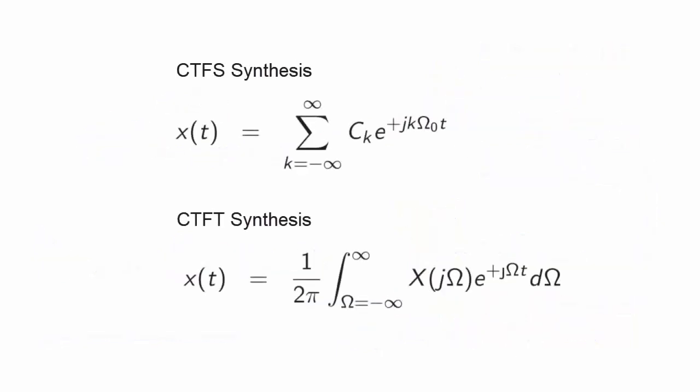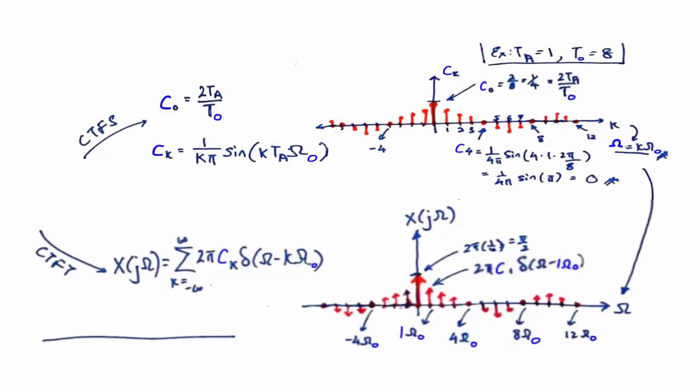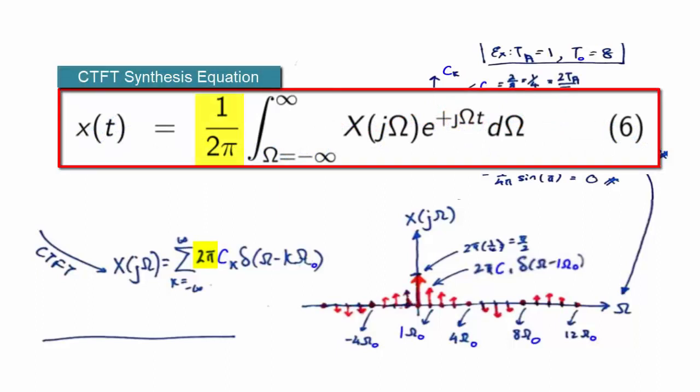The reason being that the synthesis equations are different. In the synthesis equation of the continuous time Fourier transform, there is a 1 over 2 pi factor in front, while there is none in the synthesis equation for the continuous time Fourier series. Hence, the values of Ck's related to the CTFT should be multiplied by 2 pi, so that the constant 1 over 2 pi in the synthesis equation is removed.